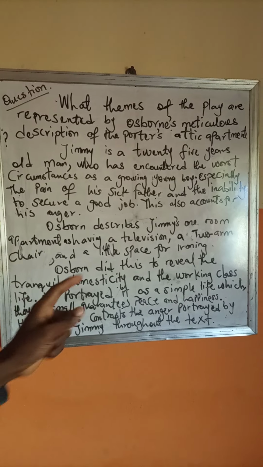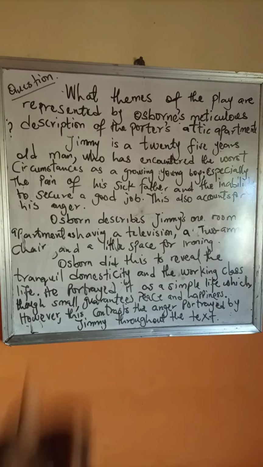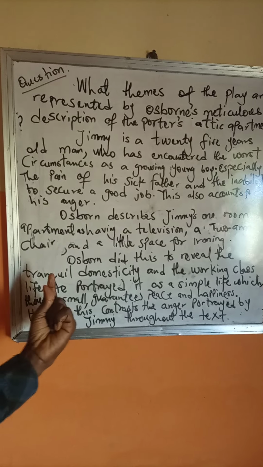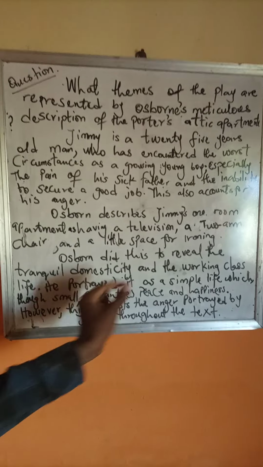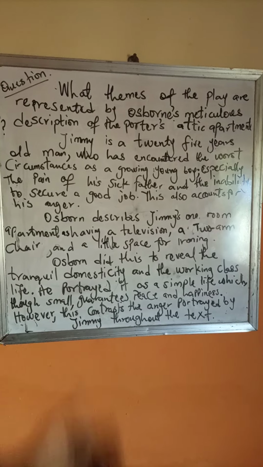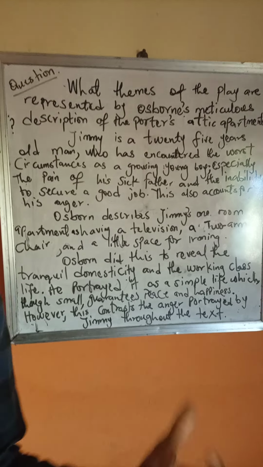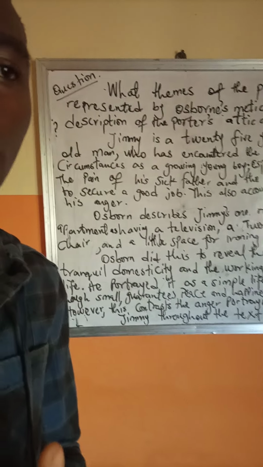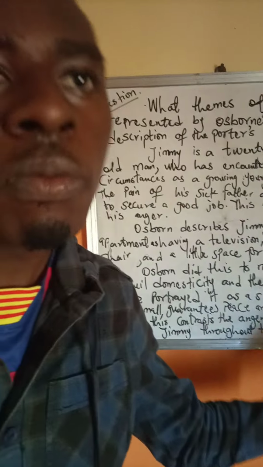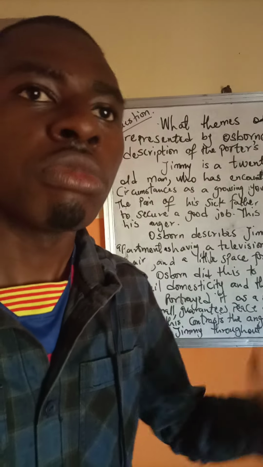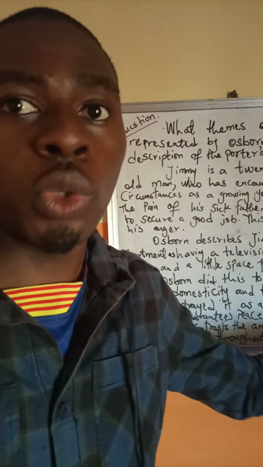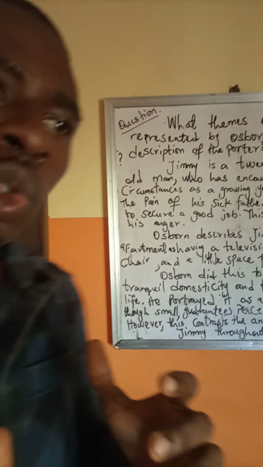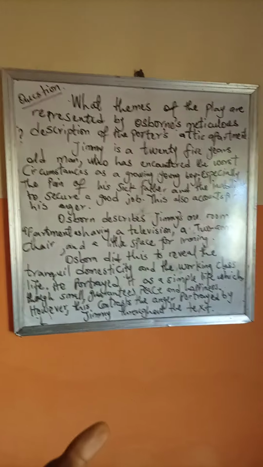Now, in the next paragraph, Osborne did this to reveal, and I begin to talk about some themes: tranquil domesticity and the working class. Now, what do we mean by tranquil domesticity? By that, we mean a kind of life that, although it's not so boisterous, or huge, or with a very large capacity, we see that they were still able to live together.